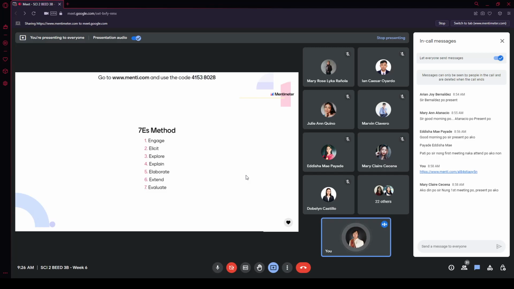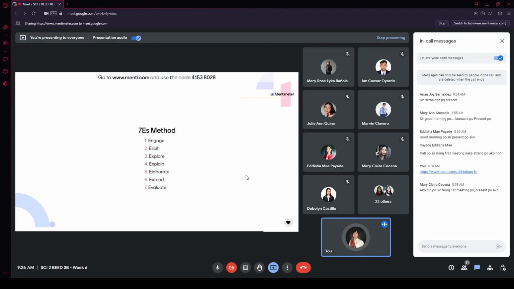And then extend is, of course, a follow-up to your elaborate. So you can have the students give out their answers and then explain their answers. So in the 7 E's, engage and elaborate have essentially been split into 2 more steps.